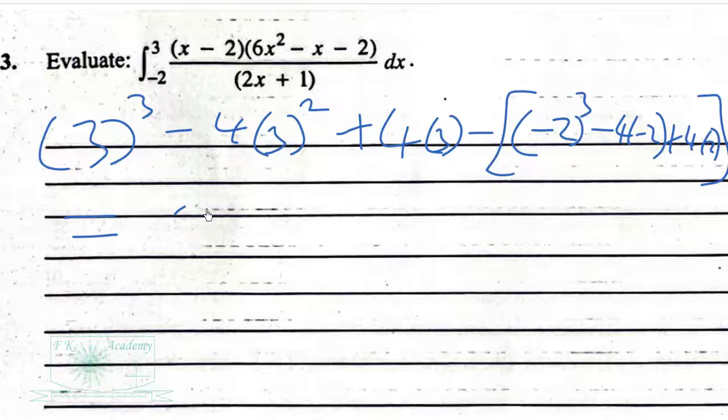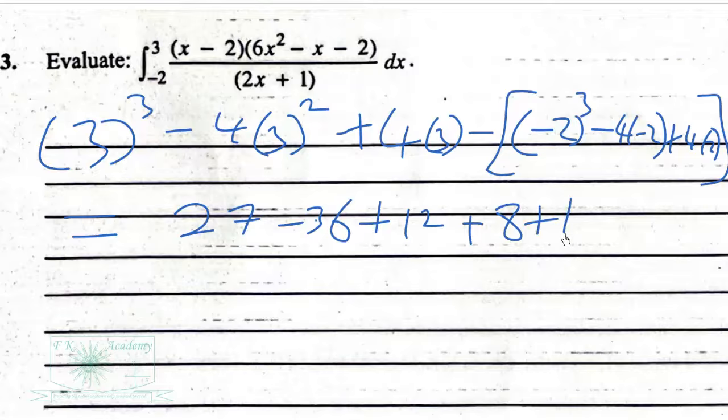And when we simplify this, we get 27 minus 36 plus 12, plus 8 plus 16 plus 8.